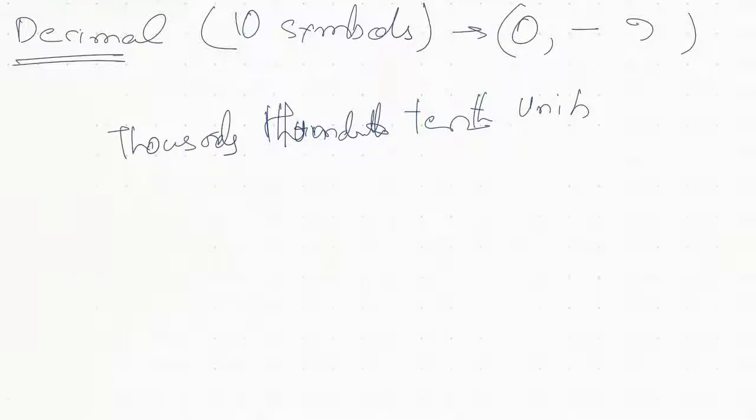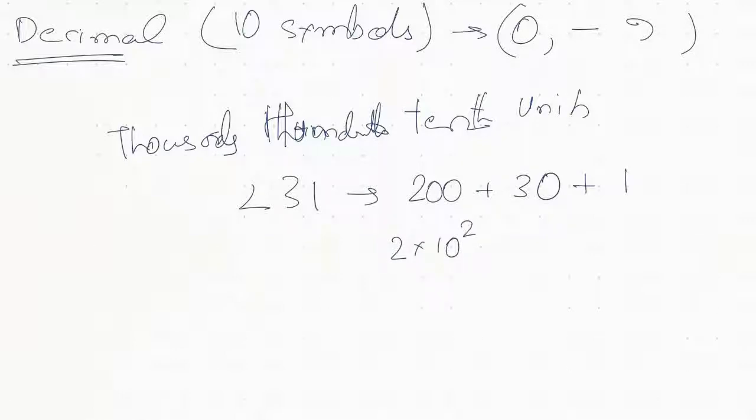Okay, in this way. So if you just recall, 231 is basically 200 plus 30 plus 1, that is 2 into 10 to the power 2 plus 3 into 10 to the power 1 plus 1 into 10 to the power 0. Now that is the base of the decimal number system, that is 10, and these are the consecutive powers.